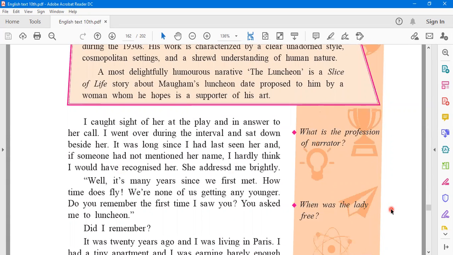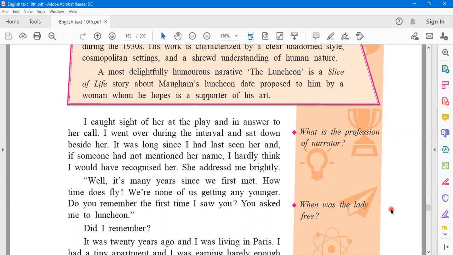I caught sight of her at a play and answered to her call. I went over during the interval and sat down beside her. I caught sight of her. I stands for the narrator. The narrator noticed a lady at a play, and in answer to her call, that is, she called out to him, and he went over during the interval, or the gap or the pause at a play.